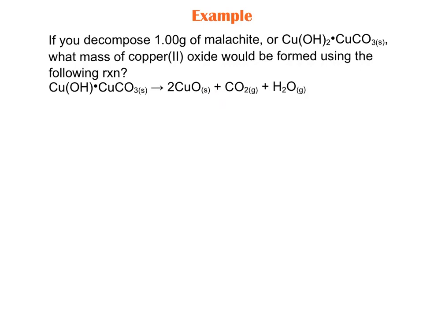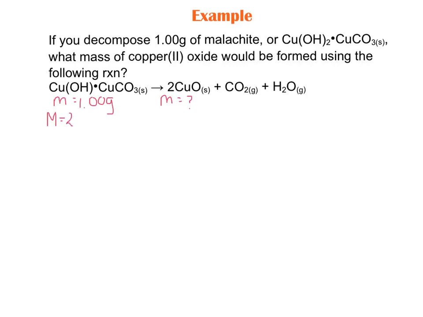Step 2 is to write out what we know about each compound. Okay, so we know that we have a mass of this. So we have 1 gram. And we're being asked to find the mass of copper oxide. Okay, so if we're given mass, you're automatically going to be calculating the molar mass of each compound.